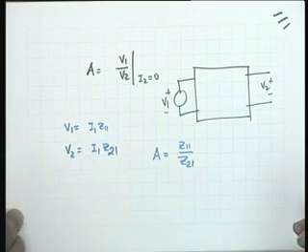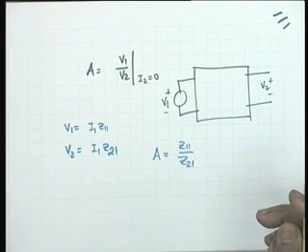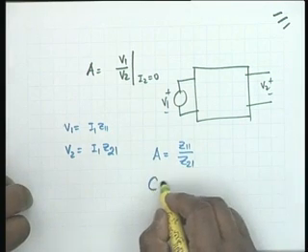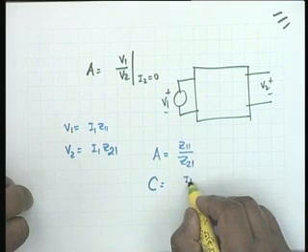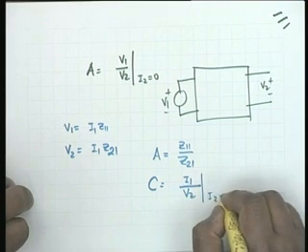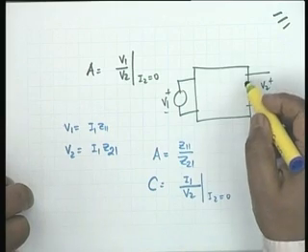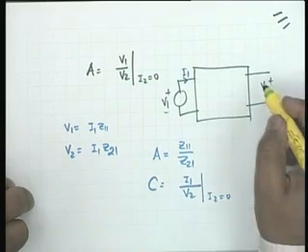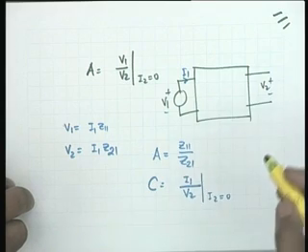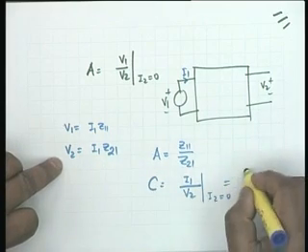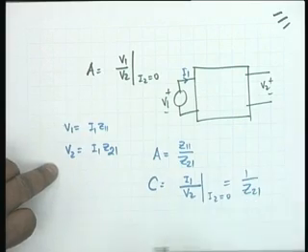The other parameter that we can find from here is the C parameter. C is I1 by V2, if I am not mistaken, with I2 equal to 0. So, I1 is this current and V2. Can you tell me what? Pardon me? 1 by Z21. That is correct. 1 by Z21.